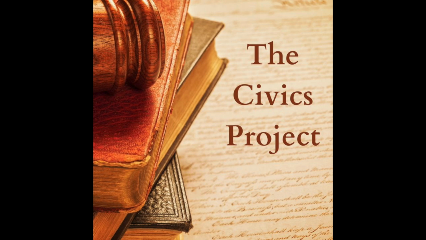One of the other 19th century precursors was embodied in a movement that was started by a man named Jacob Coxey, who in many instances was considered a failed politician. He often lost his runs for office. But he decided to create what he called an army of the unemployed.